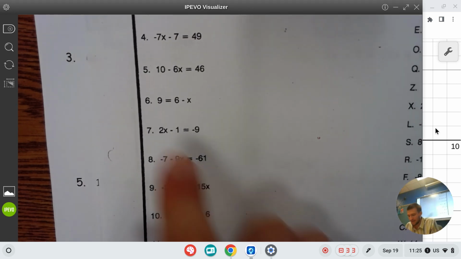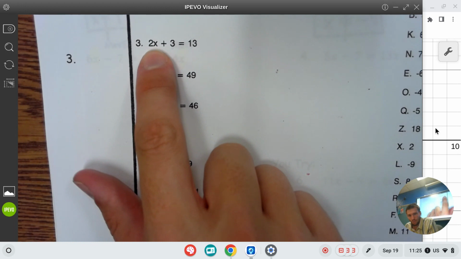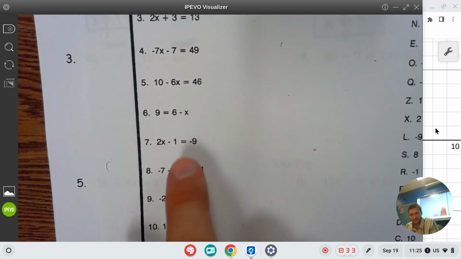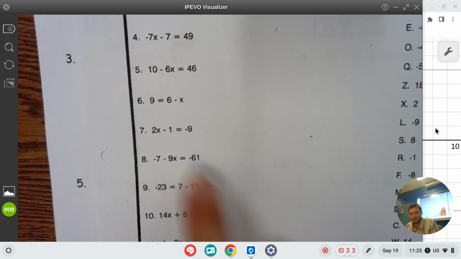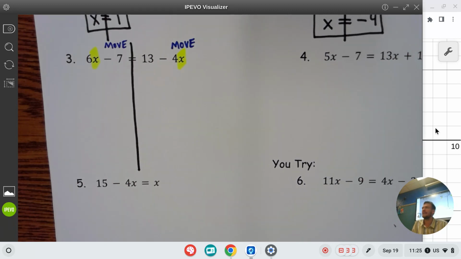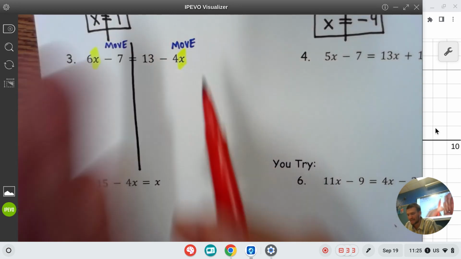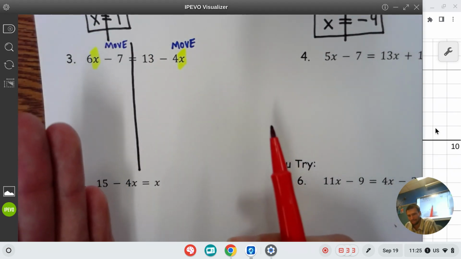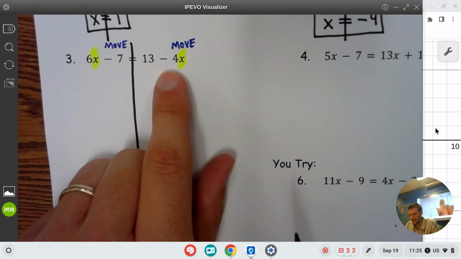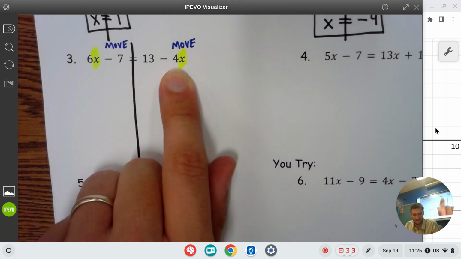For example, these equations with 1 stack of letters, we already know how to do. So as soon as we get these questions to have only 1 stack of letters, it's going to be 100% review material, okay? So I would move the x's first every time, okay? I'm going to move this -4x, all right?